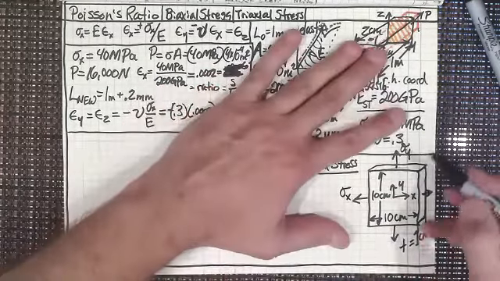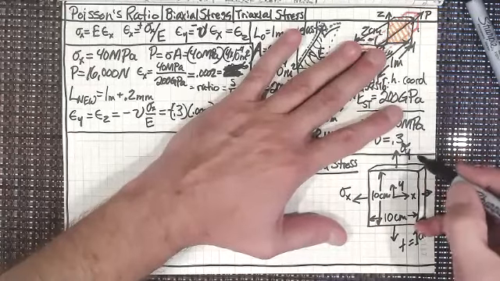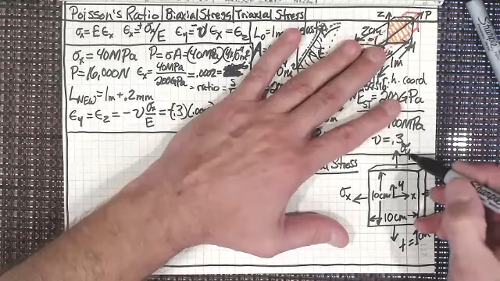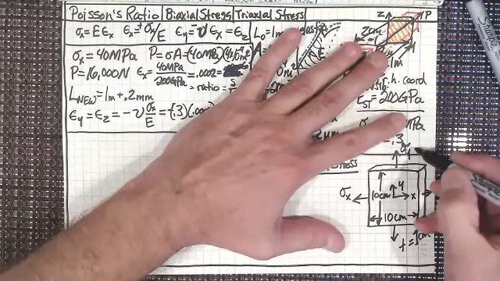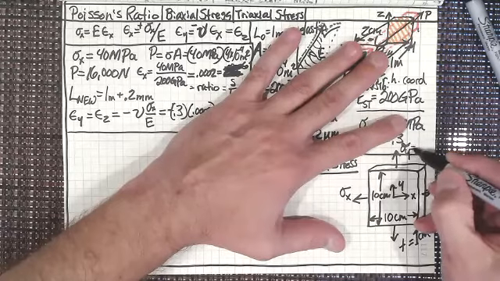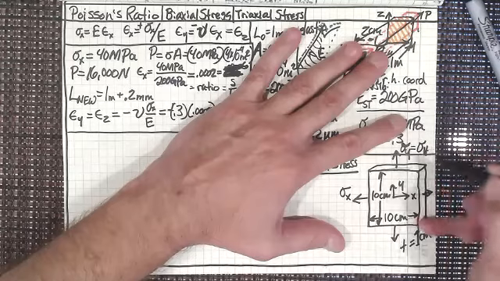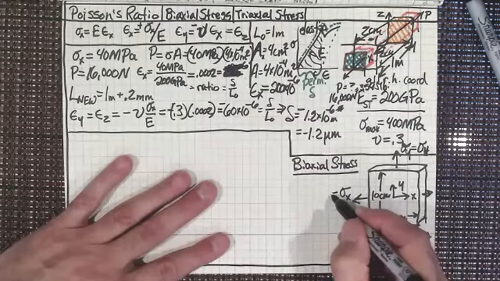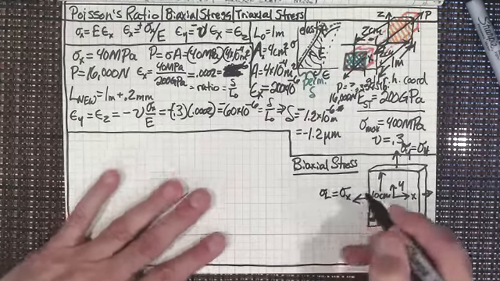Now, when I look at this for a pressurized vessel, and like I say, I'll derive this in an upcoming lecture, this is called the hoop stress, right? And this is called the longitudinal stress, okay?